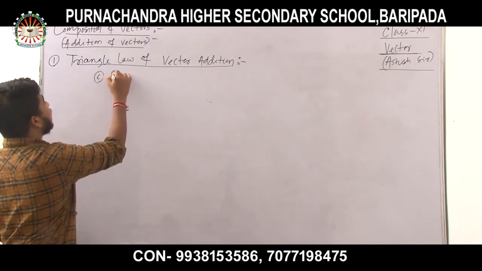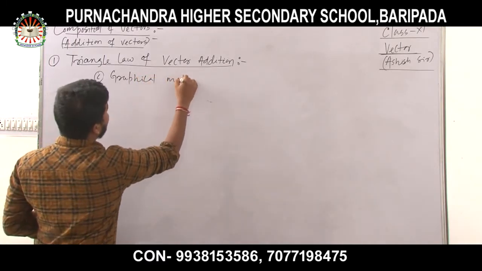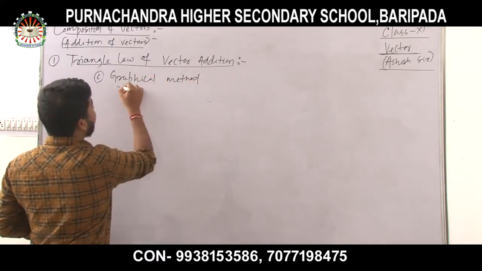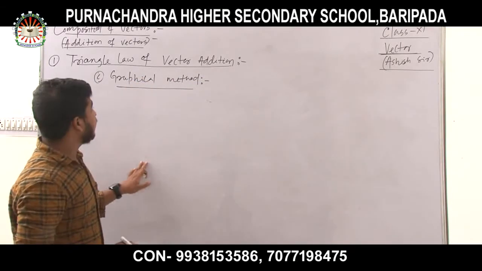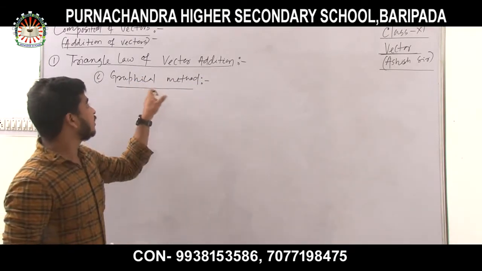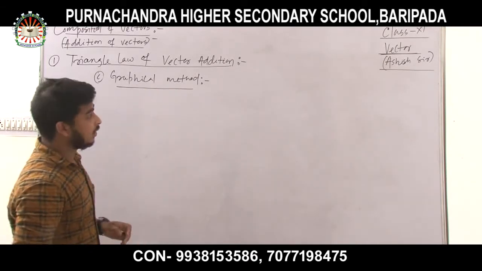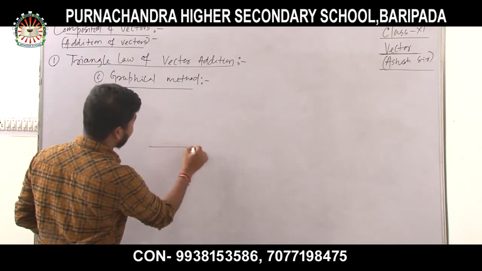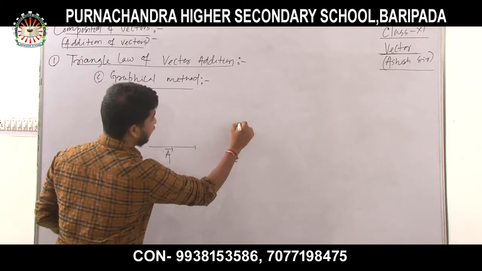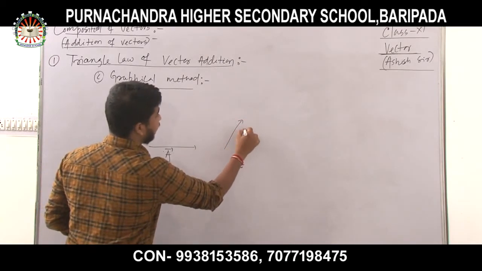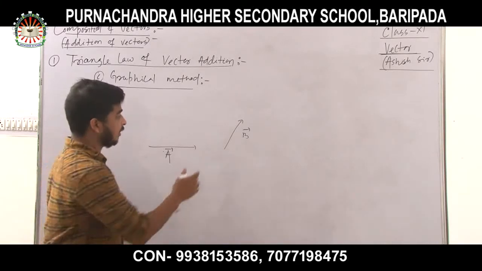The first one is the graphical method. The graphical method of vector addition is the triangle law of vector addition. Suppose a vector is here, a vector, and suppose there is a vector, b vector.